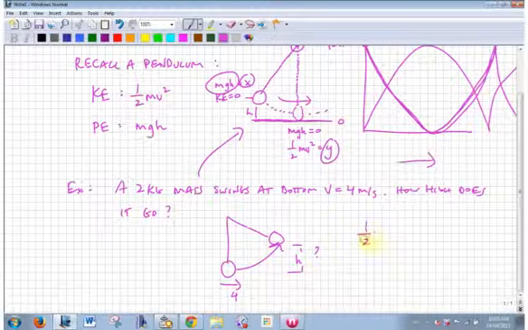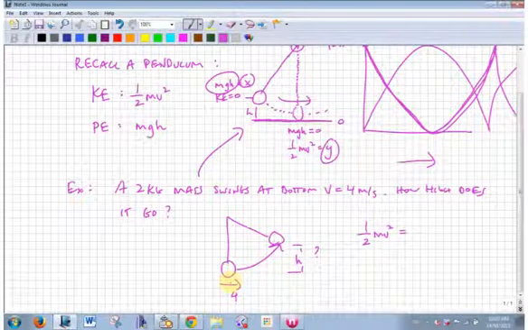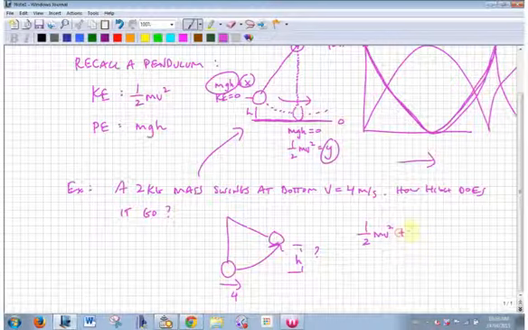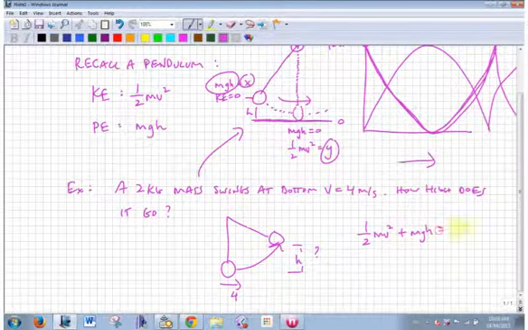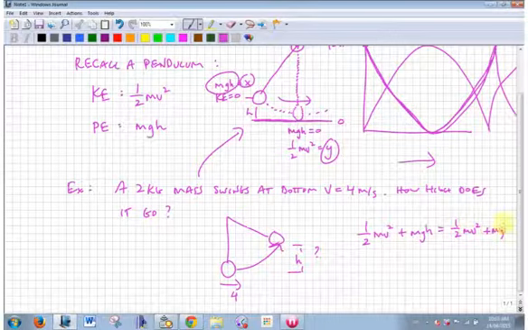I do know 1/2 mv squared because at the bottom I know potential is 0, so I'm not even going to write it. But maybe technically, let's do it. Okay, energy, call it before if you want.